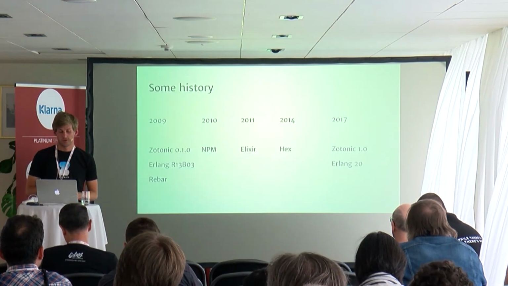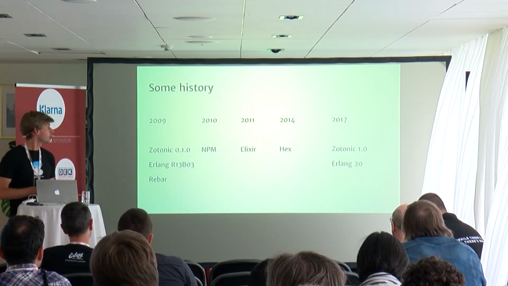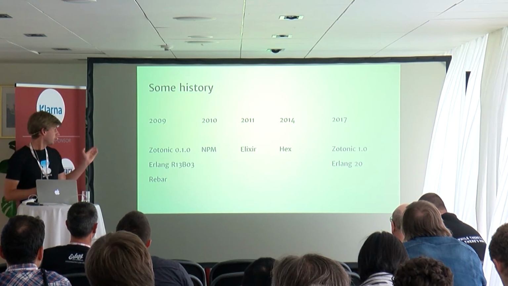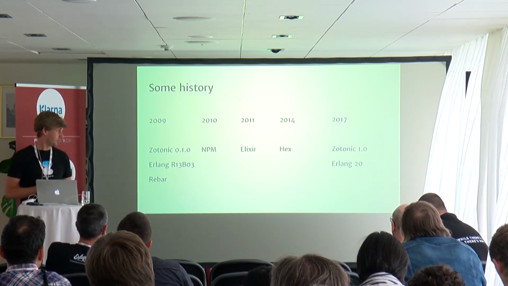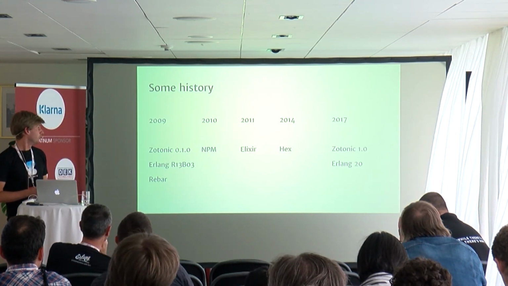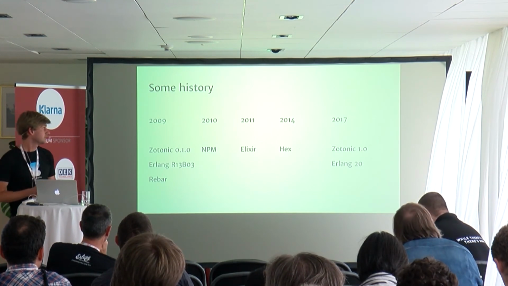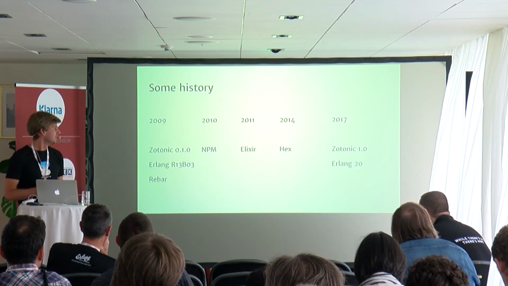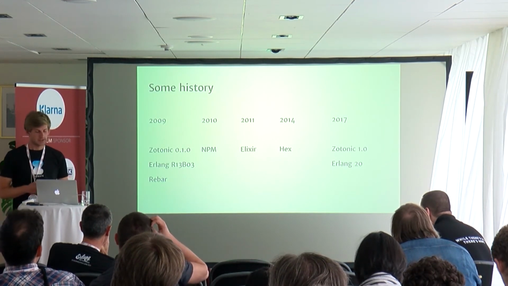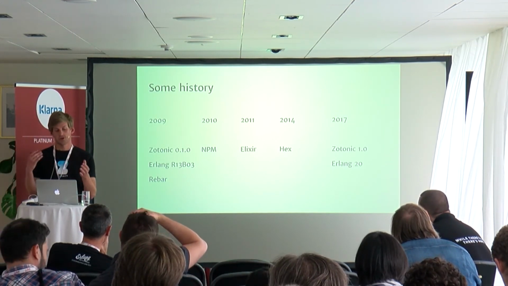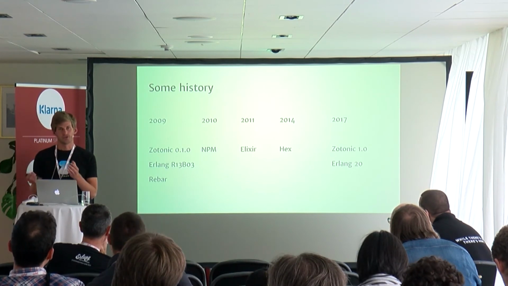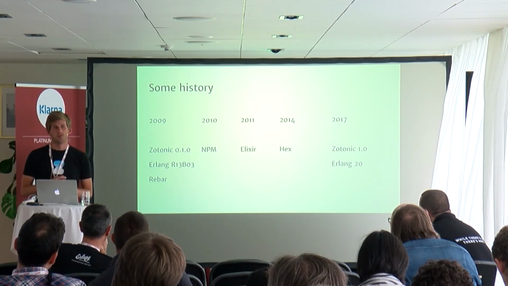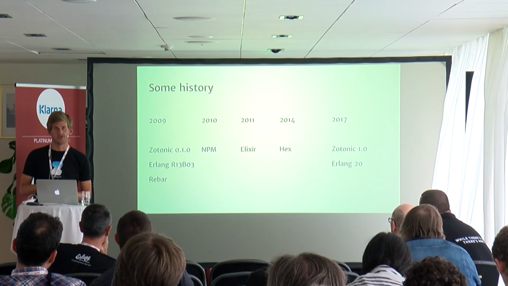If you look back at some Erlang history quickly, then you see, like I mentioned, Zotonic was started in 2009, long before Hex existed, and that only came out of the Elixir community, obviously. And that's kind of a problem, because Zotonic has its own system for doing modules, and we even have our own module repository.